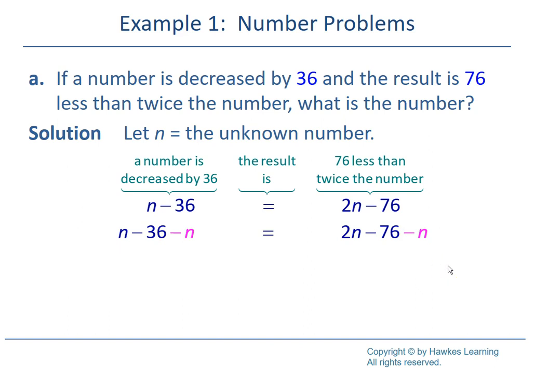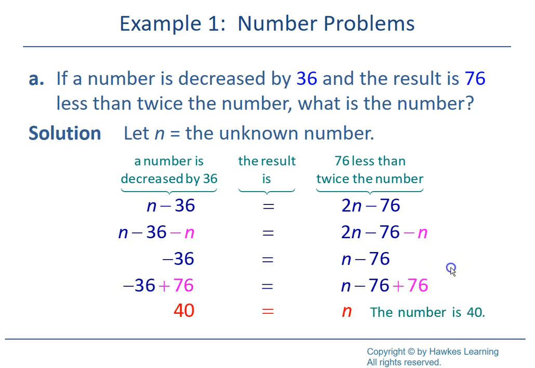And then you go on to solve. We're not going to go into great detail of that here. But when you finally solve for N, N equals 40. If you put it into your original equation, 40 is a solution and seems reasonable.